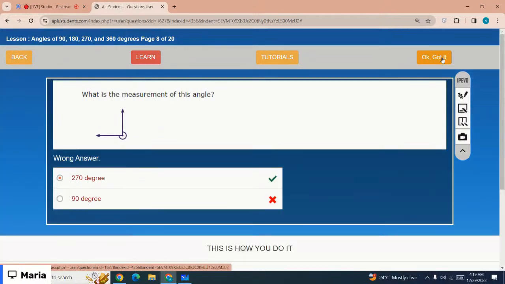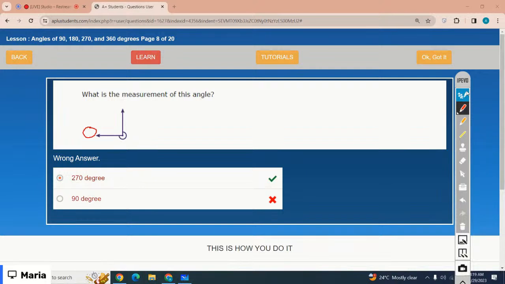Oh, you have to see the turn, right? From here to here, not the angle. You are not given to measure this, you are given this. So this is 270 degrees. Got it? 270 degrees it is, right?